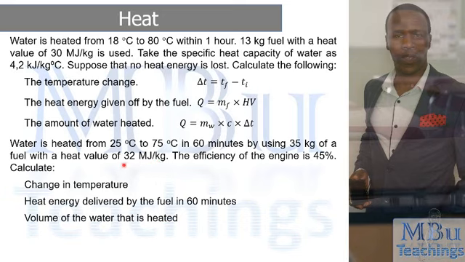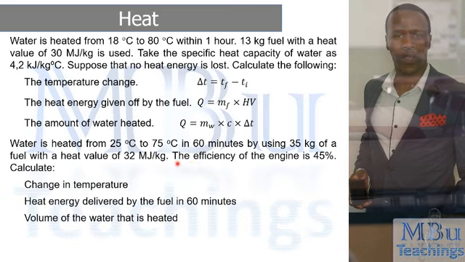Some of the times they may give you the name of the fuel. If they give you the name of the fuel, you can go to the information sheet to check what is that heat value for that particular fuel. So you can also do that. That is acceptable.